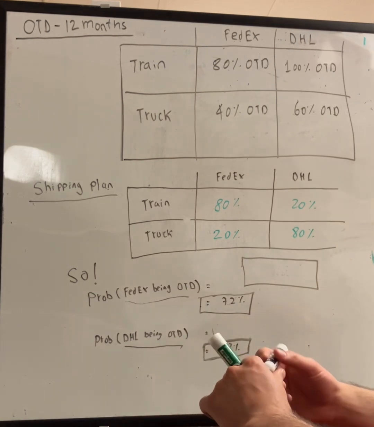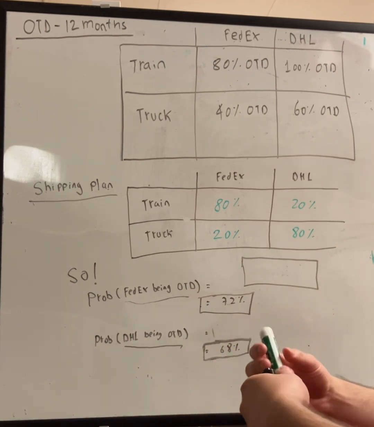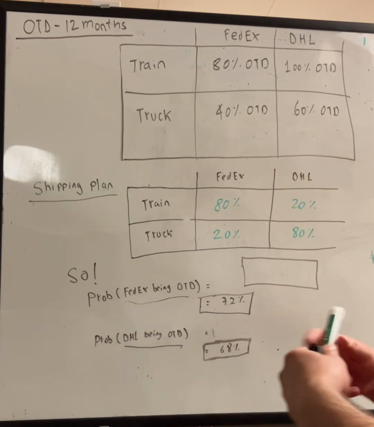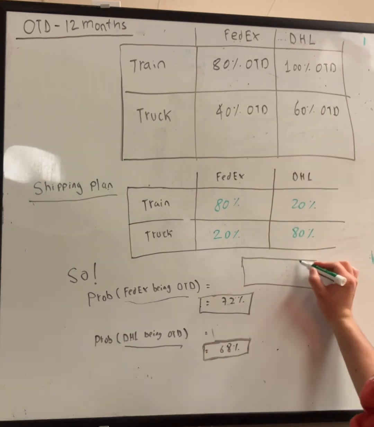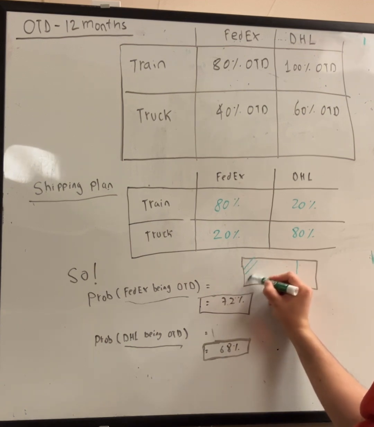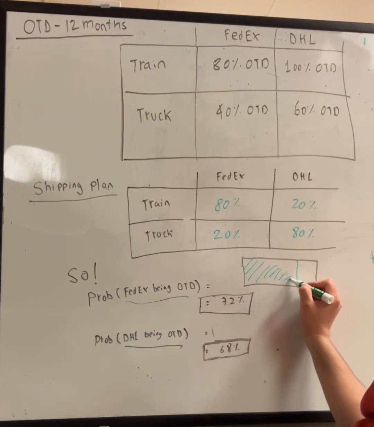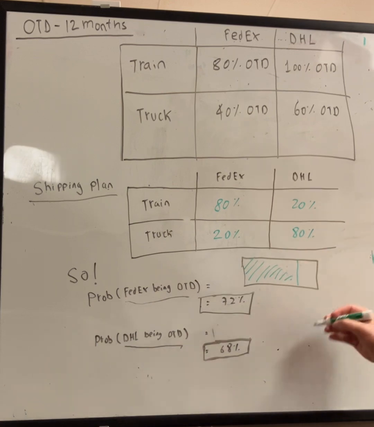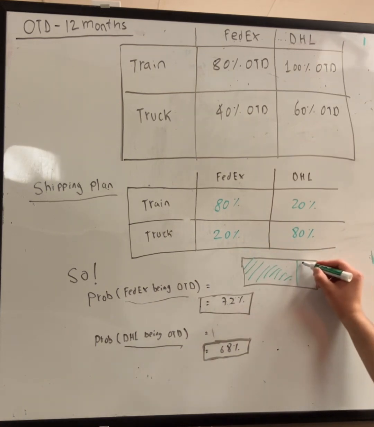We know that on FedEx, 80% goes by train, and the remaining 20% goes by truck, right?